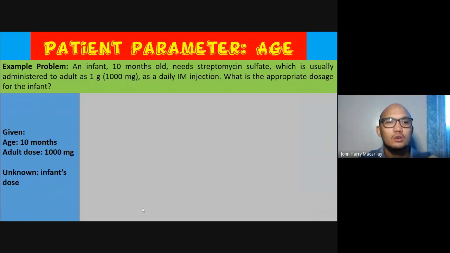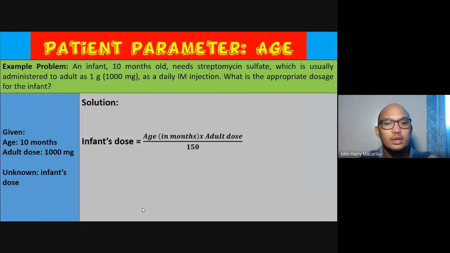How much are we going to administer to the infant based on age? We will follow Pride's rule, where infant's dose equals age in months times adult dose over 150.